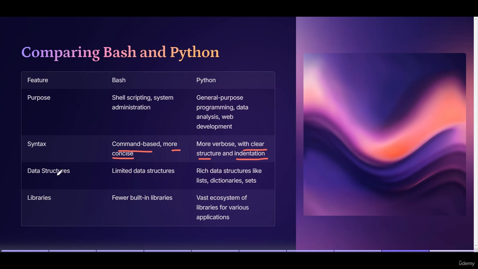Then we have data structures. Bash has limited data structures, while Python has rich data structures like lists, dictionaries, sets, which you may already be familiar with. Then we have libraries. Bash has a few built-in libraries because it's not as popular as Python itself. And then we have vast ecosystems of libraries for various applications.